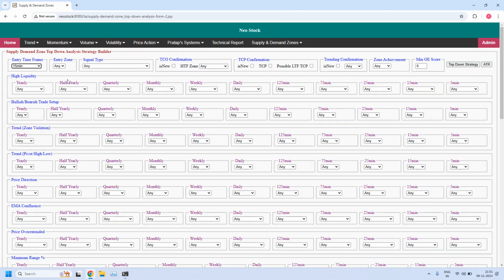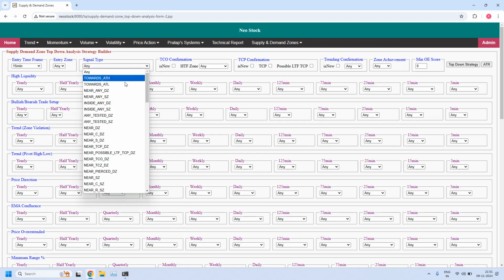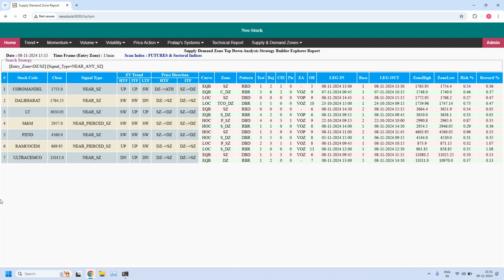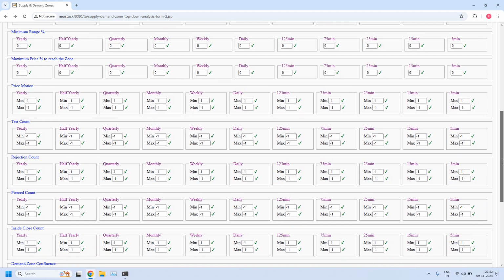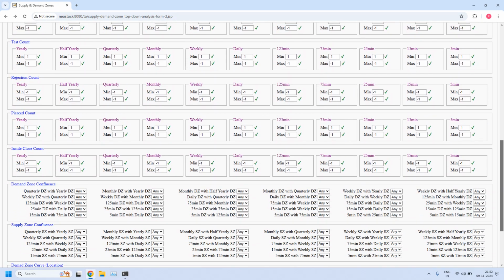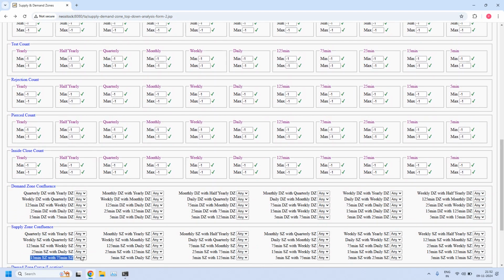Next, for 15 minutes time frame, let us find the stocks near 15 minutes supply zone. 7 stocks are filtered. Let's identify how many of the supply zones are having ITF confluence (15 minute supply zone with 75 minute supply zone confluence).